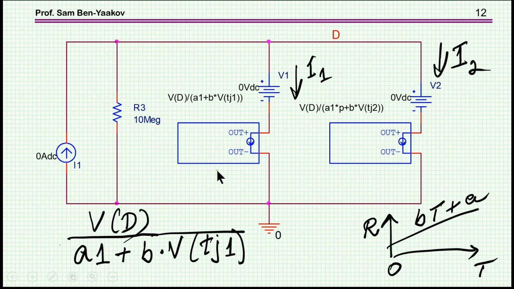The first part is the two current sources. These are current sources called ABMI in SPICE, and they are defined here. This is the definition. I've just rewritten here: it's the voltage across the device. This is the voltage, because this source has zero voltage on it, so there's no voltage drop here. So this is the voltage of the device, VD, divided by this expression.